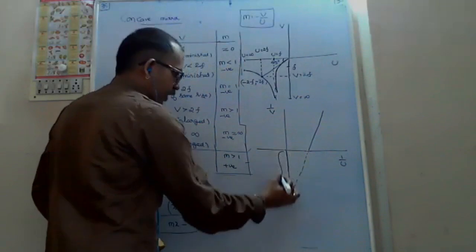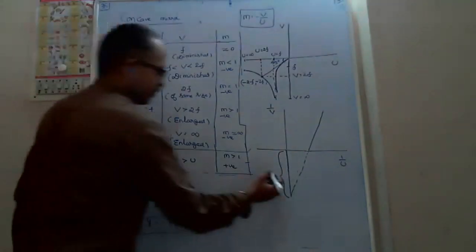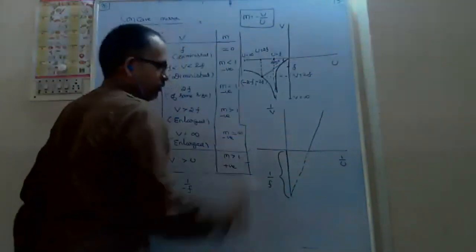And this y-intercept value is 1 by f. This is negative and it is 1 by f.